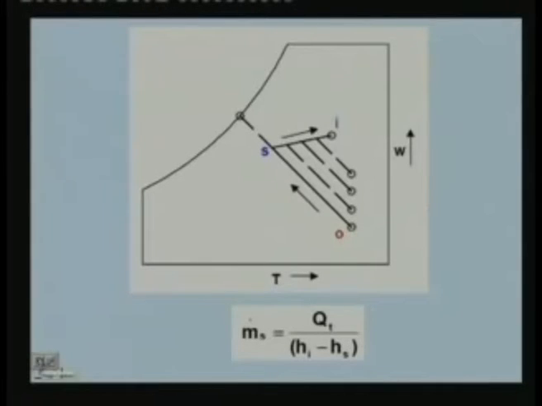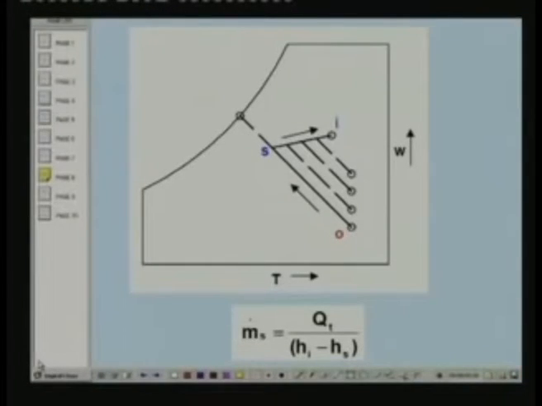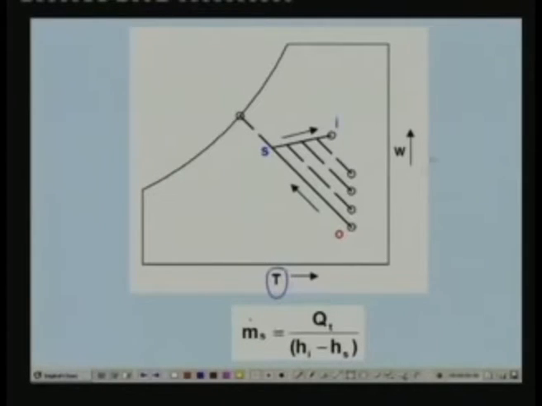Okay, so this is again what I have shown earlier. This is the psychrometric chart. You have the dry bulb temperature and humidity ratio, and this is your cooling and humidification process that takes place in an evaporative cooler. Okay, so O is the inlet condition and S is the supply condition, and we have seen that from energy balance the required air flow rate m dot S is Qt divided by Hi minus Hs.